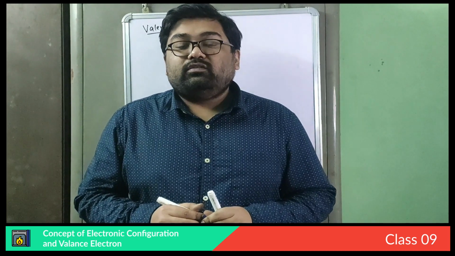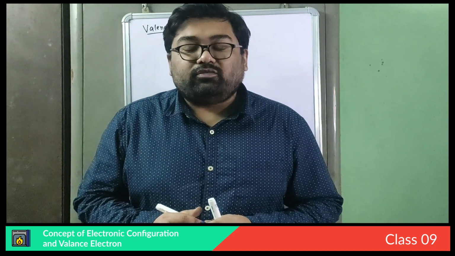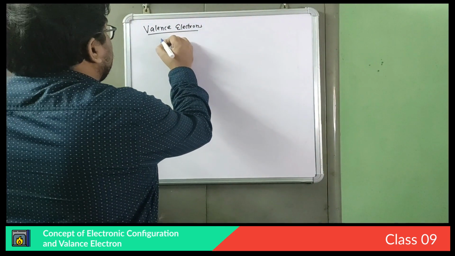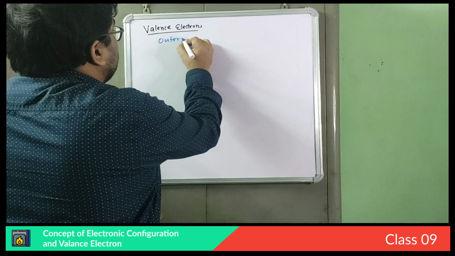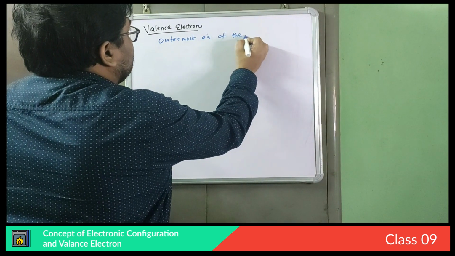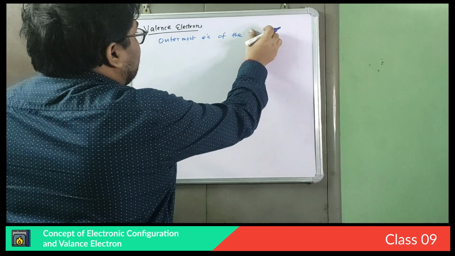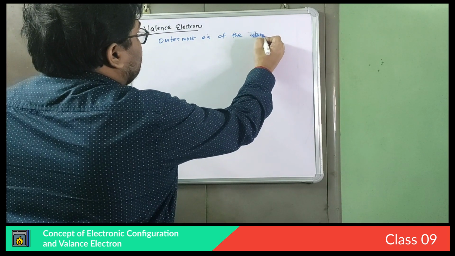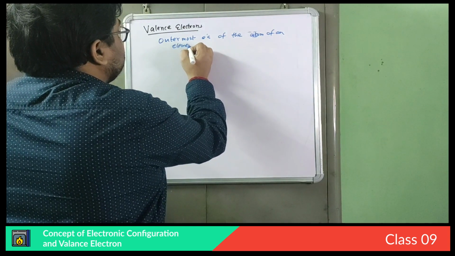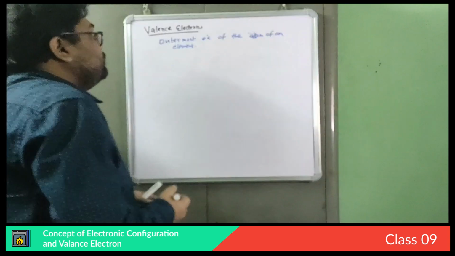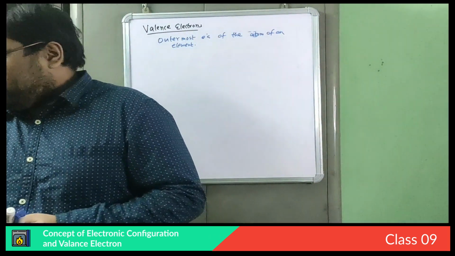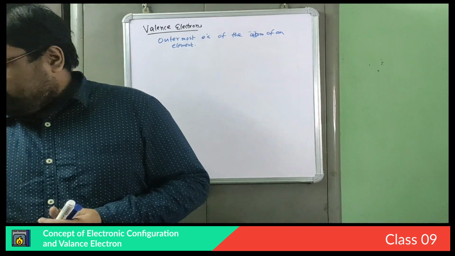And these valence electrons decide the valency of an element, right? So, valence electrons are the outermost electrons of the atom of an element.